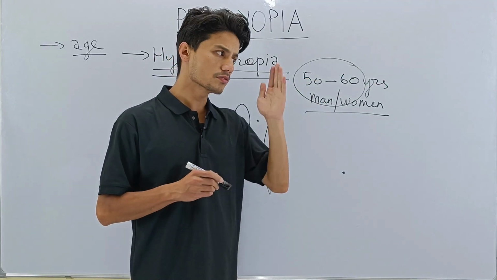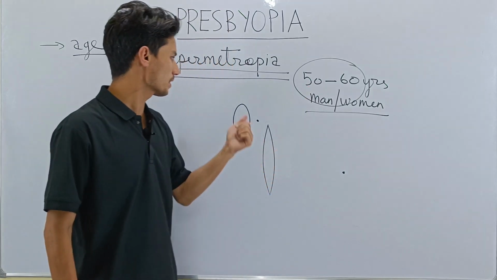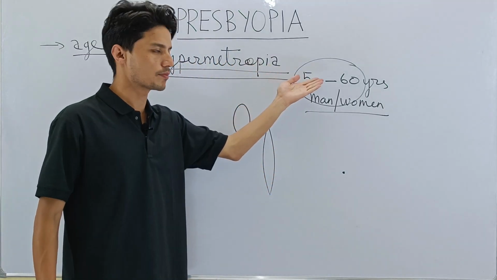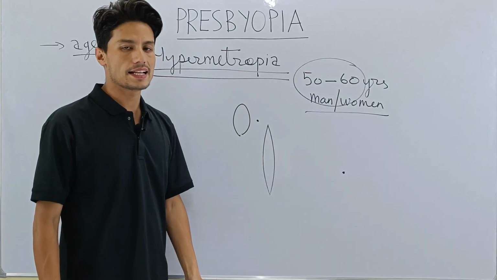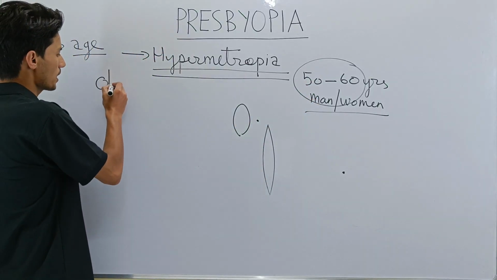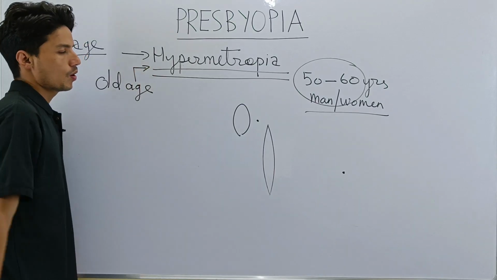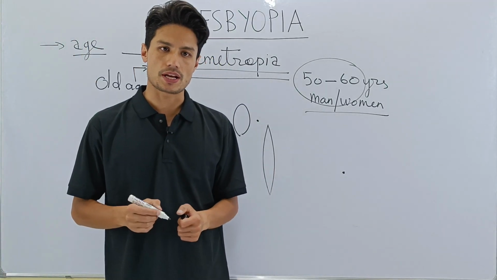So he has got good far vision, but poor near vision. So this is basically hypermetropia. He is suffering from hypermetropia at a certain age. That's why presbyopia is also known as old age hypermetropia.